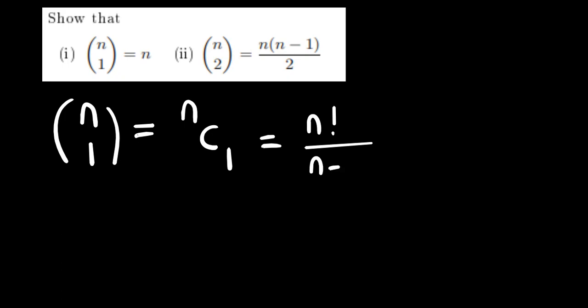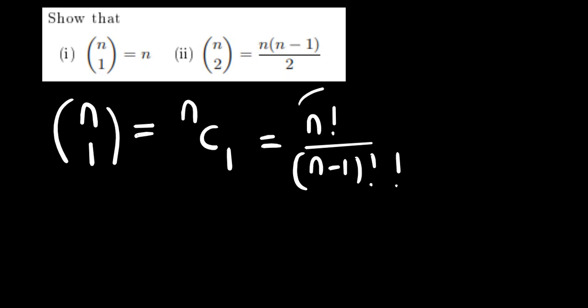Now we are told to show that n choose 1 is equal to n, and the second one is for us to show that n choose 2 is equal to n(n minus 1) over 2. Now this is called a combination. According to combinations, if I've got n choose 1, it means we're going to find n factorial over n minus 1 factorial and 1 factorial.